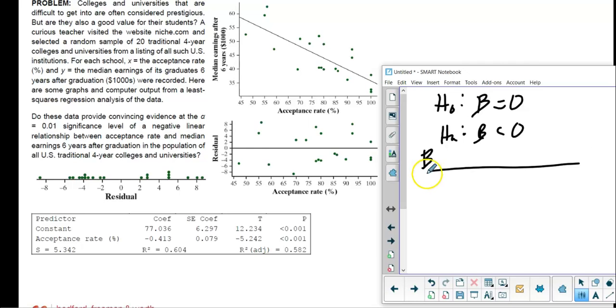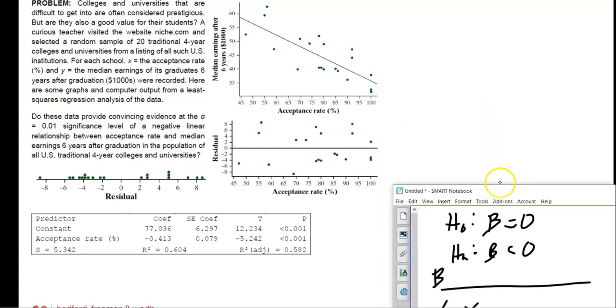You're going to go through the conditions. So L is linear. The scatter plot looks linear and the residual plot is scattered. Check for linear. I is independence. 20 is less than 10% of all selected colleges and universities. N stands for normal.